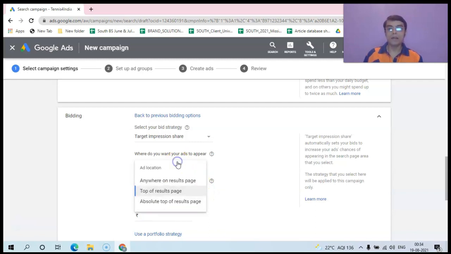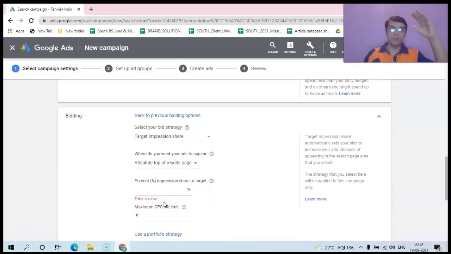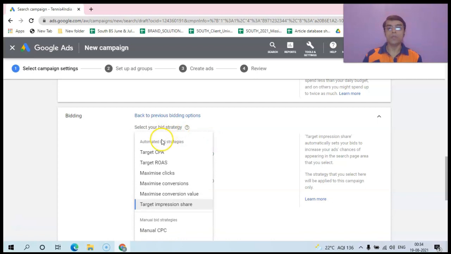And if I want to select absolute top of results page, that means I want to be right on top, okay? And if I want to be there 100%, every time, I have to select 100%. Of course, the money will also go up accordingly. So that's how you basically outrank your competitor by choosing this bidding strategy called target impression share. So all these are part of your automated bidding strategies.